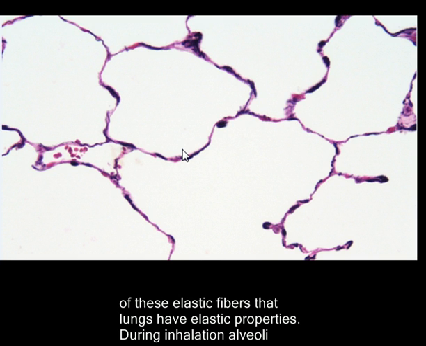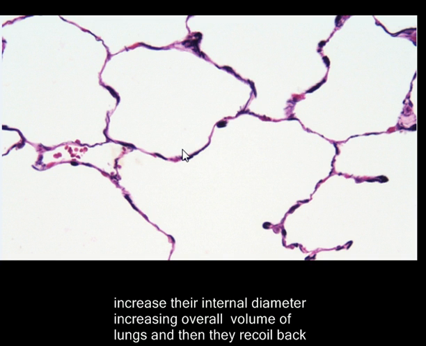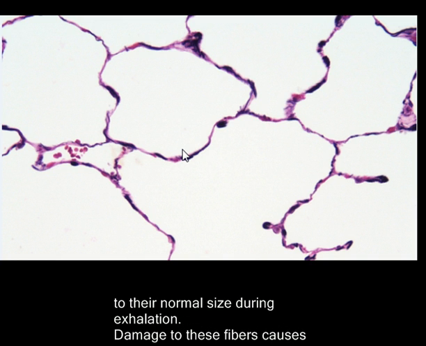Elastic fiber can stretch up to 150 times of the normal size, and they can recoil back to whatever the size was. Damage to these fibers. What happens in emphysema?